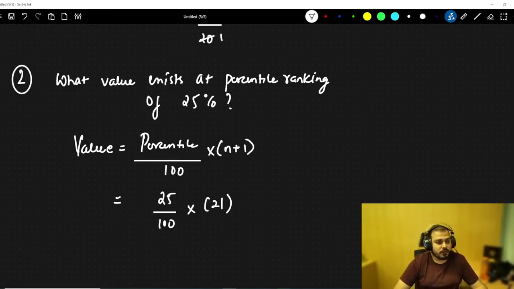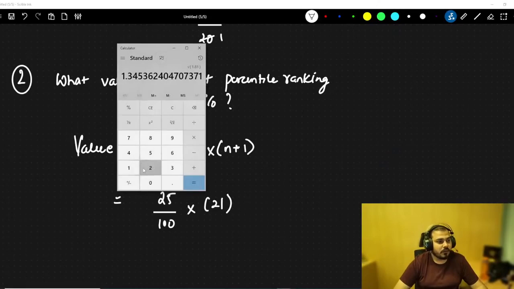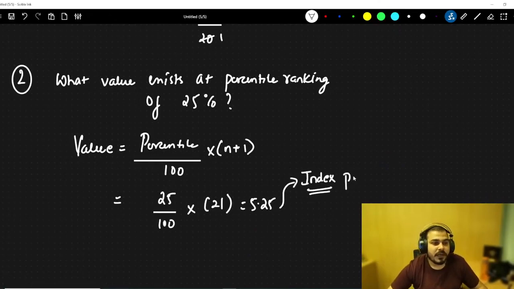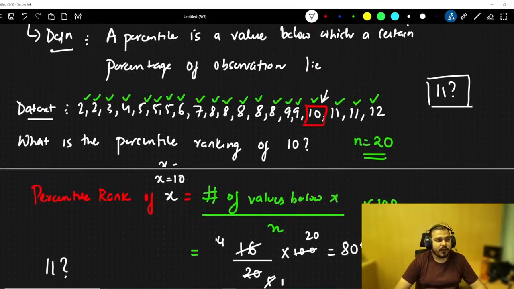So 25 multiplied by 21 divided by 100, the answer is 5.25. Now understand this: this 5.25 is the index position. It is very important to understand. This is not the value, it is the index position. Now I will find which is 5.25.